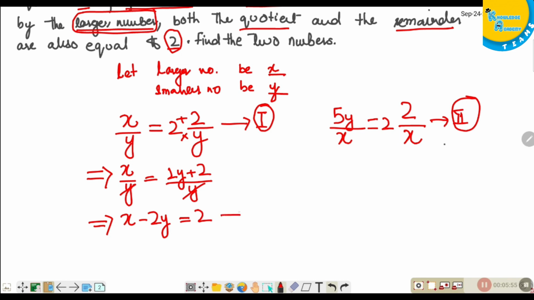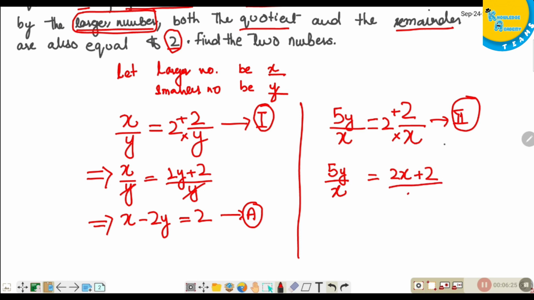Let's call it A. And now the other one. Okay, so let's convert this into an improper fraction, 2x plus 2 upon x. x and x will be cancelled.